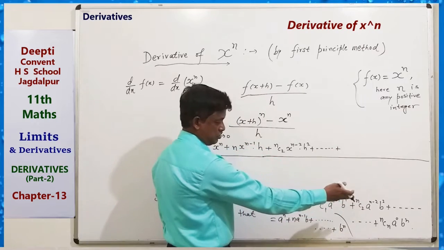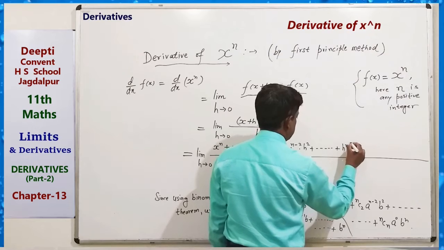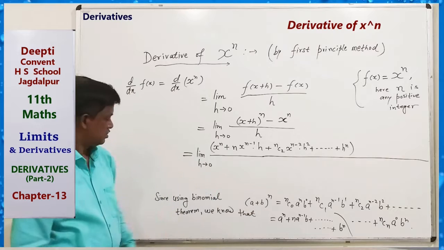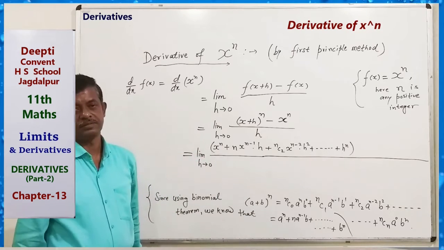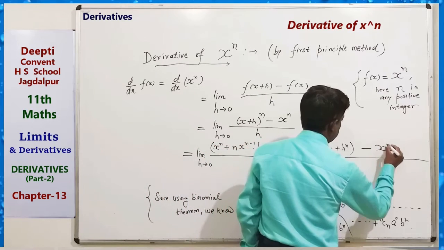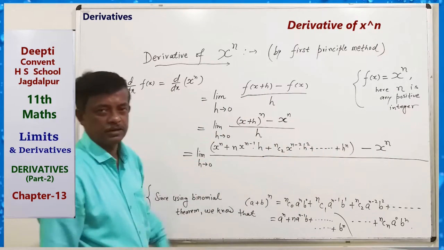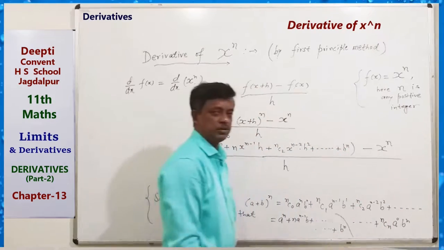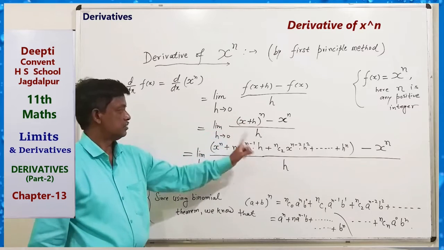The last value is h power n. This is from the binomial expansion. Using this we can write like this: minus x to the power n. Clear? And the denominator is h. We are using this formula for expanding this.